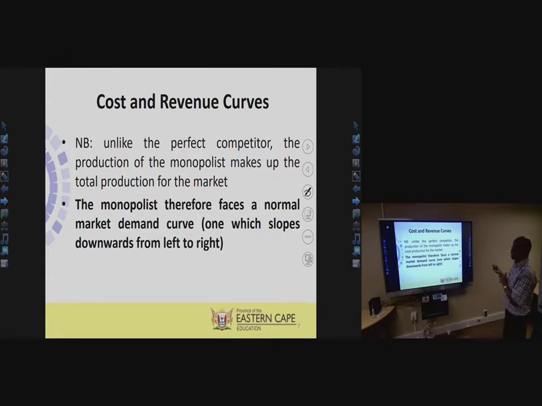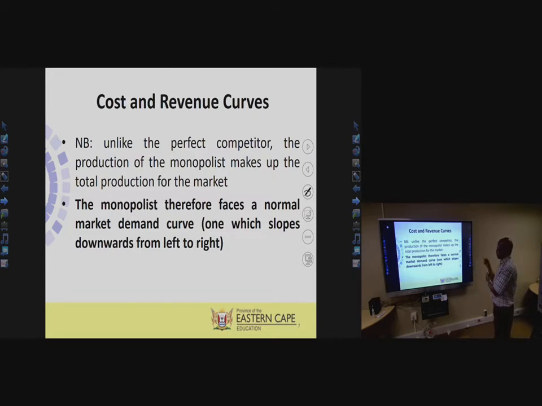I think I'm clear in that. Then I'm getting now closer to a monopoly, how it works and how it functions. Then we're going to discuss the cost and revenue curves. Okay, before I even start, we have to note this. Unlike the perfect competitor, the production of the monopolist makes up the total production for the market.